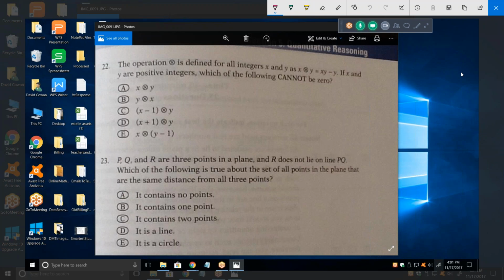In other words, that's not a mathematical symbol. That's just something they invented. And it's defined for all integers as when x circle y is equal to that. That's how you define that.